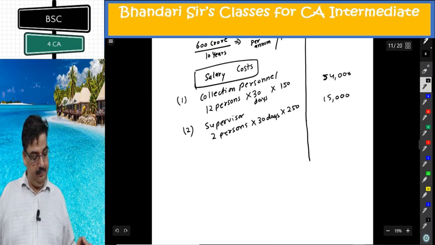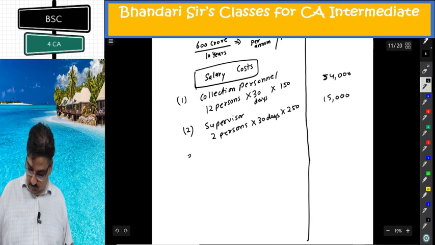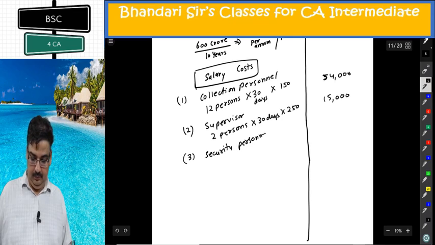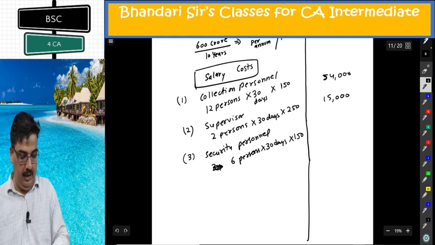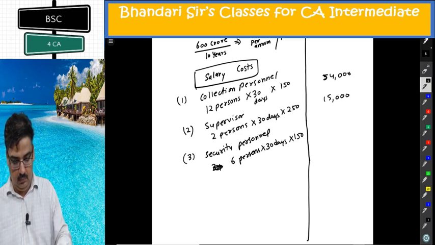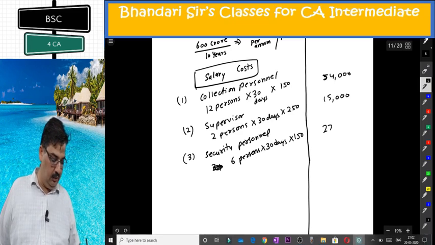Number 3, security personnel. 3 shifts, 3 into 2, 6 persons, 30 days, 150 per person per day. 27,000 total cost.